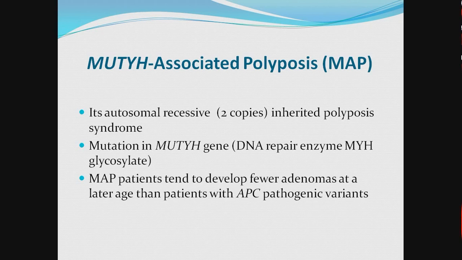So it is an inherited polyposis syndrome, with mutation in the MUTYH gene, a gene responsible for a DNA repair enzyme, MYH glycosylase. So the mutation in this gene will stop the repair of DNA, and this stopping will later develop into cancer.